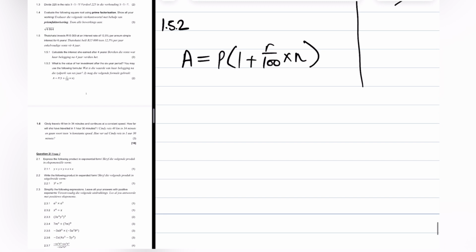In hierdie geval hierso het ons die formule wat N bevat en N natuurlik hierso is die aantal jare. A is die finale bedrag. So dit is die finale bedrag. Met ander woorde, wat is die bedrag aan die einde van die termyn? Die P is die oorspronklike bedrag.